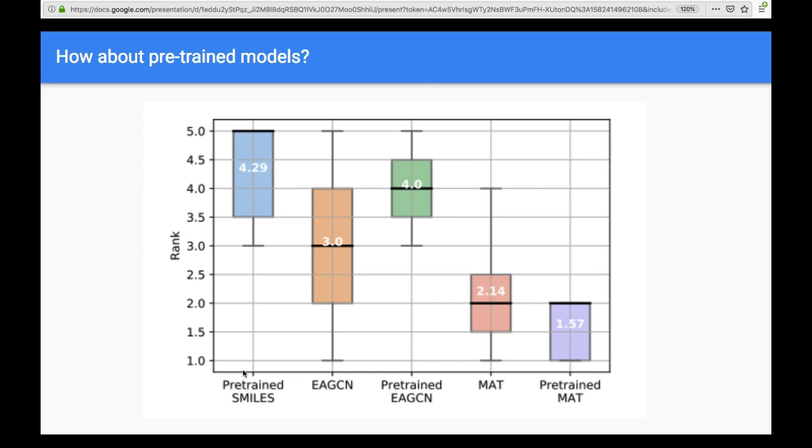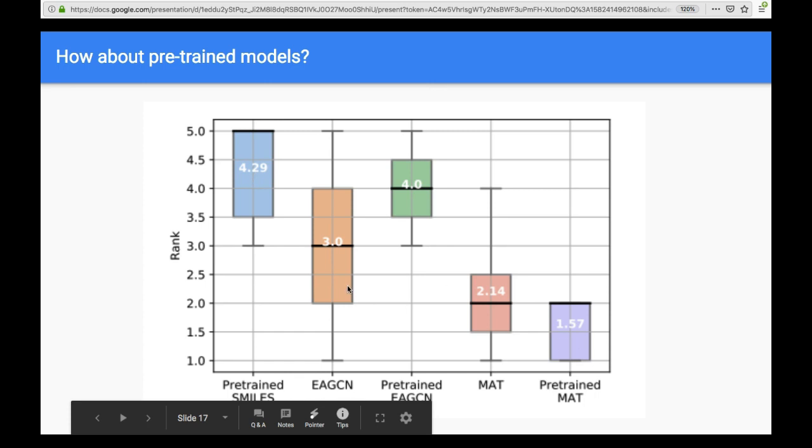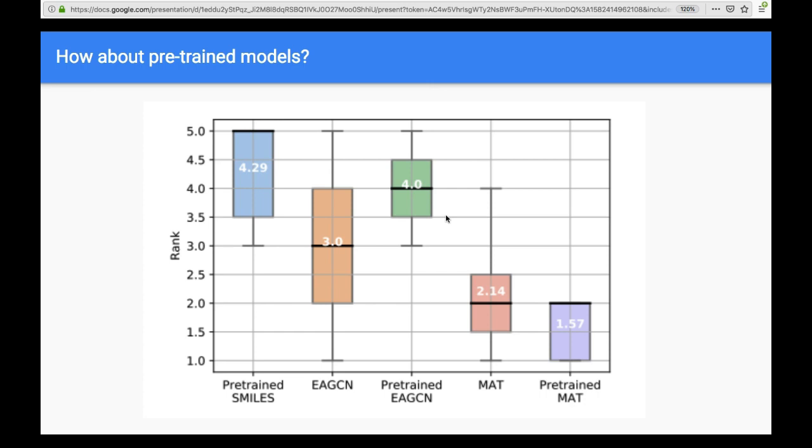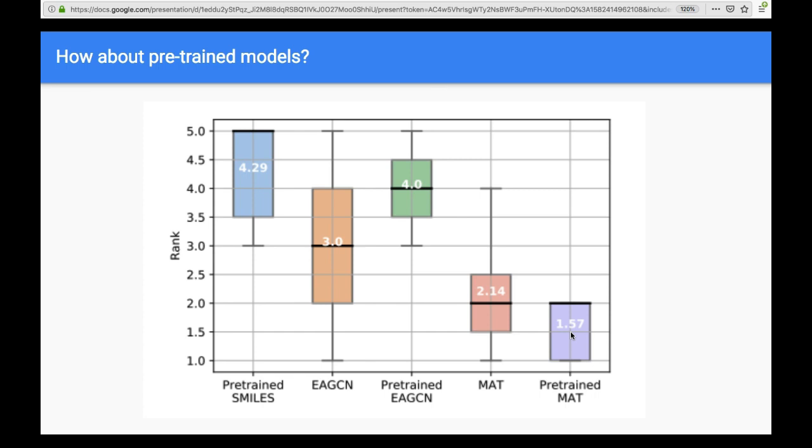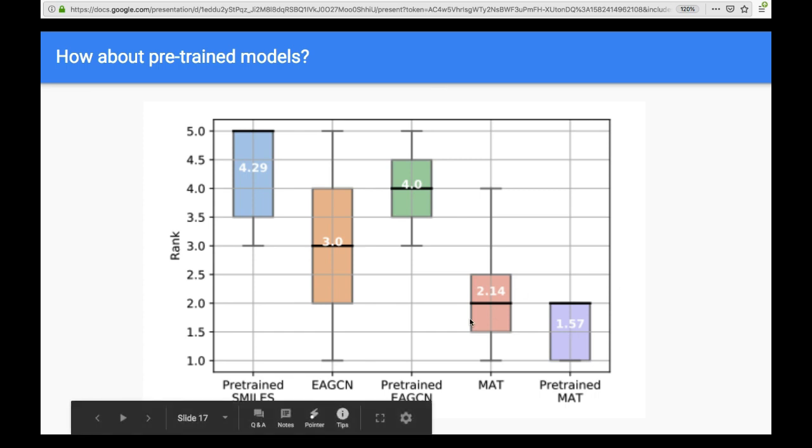They don't just put in a list of atoms. It's a little bit spatial, like a chemical annotation, and the performance is far worse than their model. And the rest of the models, like graph CNN, are also far away from their performance. And as you can see, if they do the pre-training, their performance further improves to 1.5 something. It's far better than the non-pre-trained model. So you can see how powerful it is.